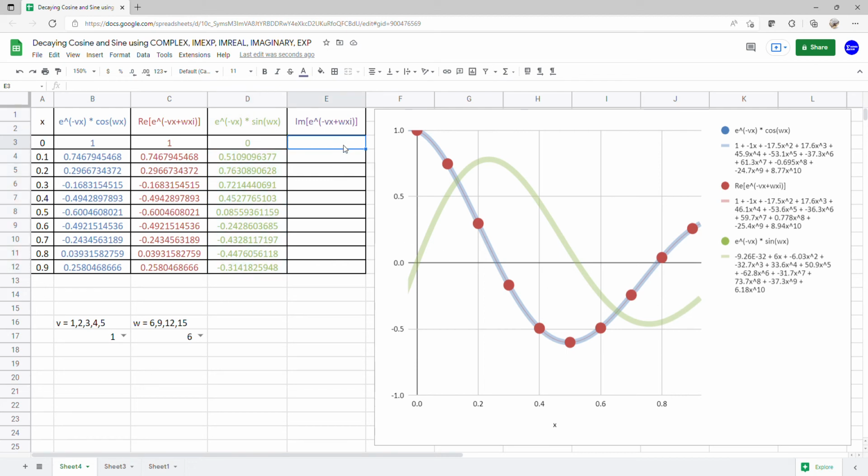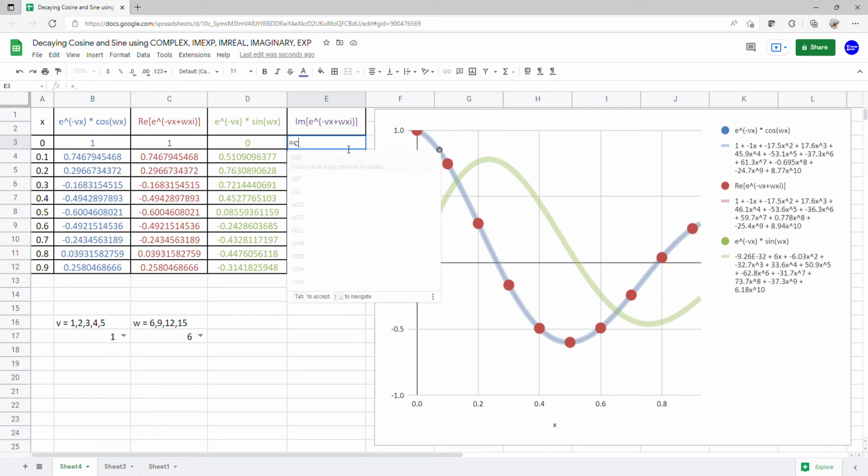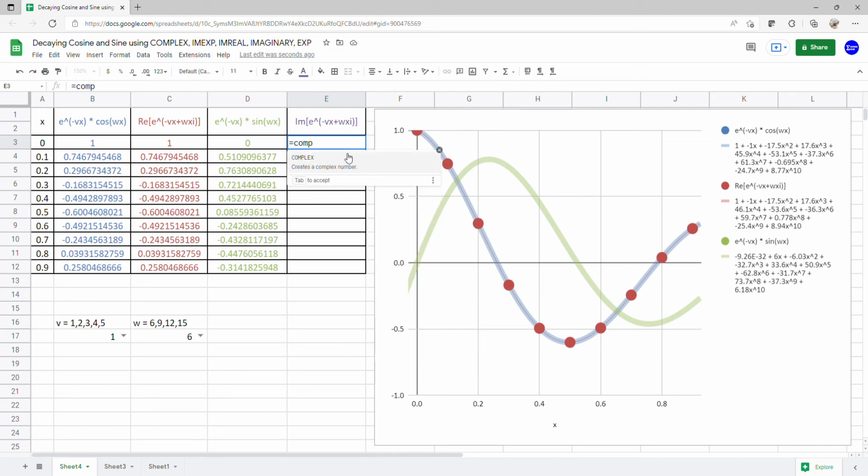We continue with the complex form, which is we begin with the complex values of complex minus v times x. That's the first part, comma, that's wx.